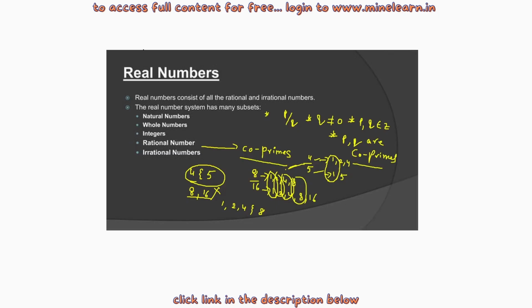Now, if we apply these 4 conditions, we can tell a number is rational. Now, let us see all the types of examples.